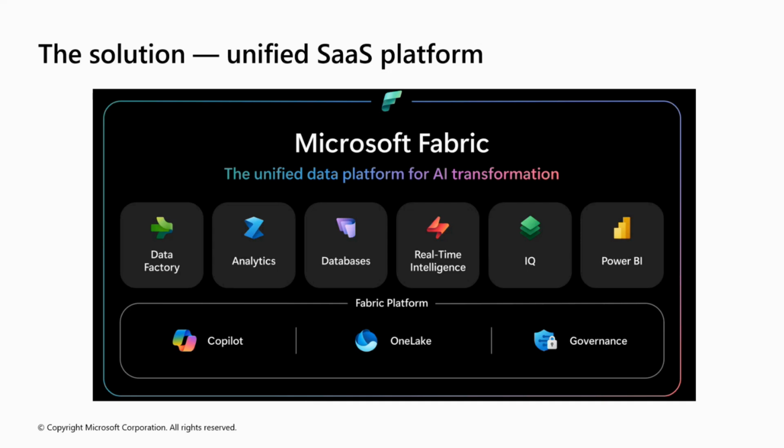Let's bring everything together on a single unified platform. So instead of giving everything as a platform as a service, what did Microsoft do? They SaaSified all these services onto a single platform, and that is called Microsoft Fabric.